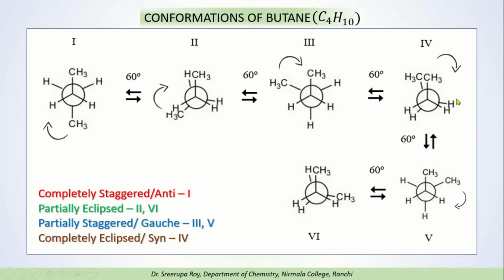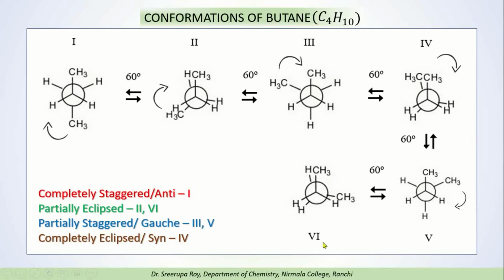Another rotation in the clockwise direction by 60 degrees generates another form, that is fifth. Now this fifth form is a gauche form. As you can see, this fifth form is identical to the third form. So third and fifth have same energies. Another rotation by 60 degrees in the same direction, that is clockwise, generates the conformation 6, in which the methyl groups are eclipsing the hydrogen atoms on the other carbon atom.